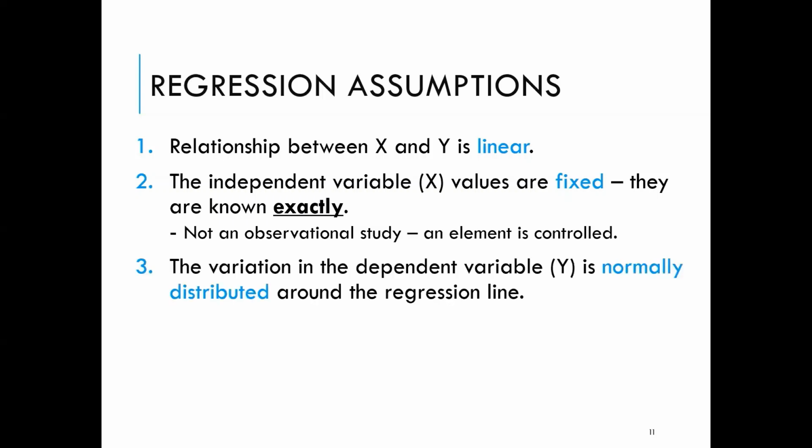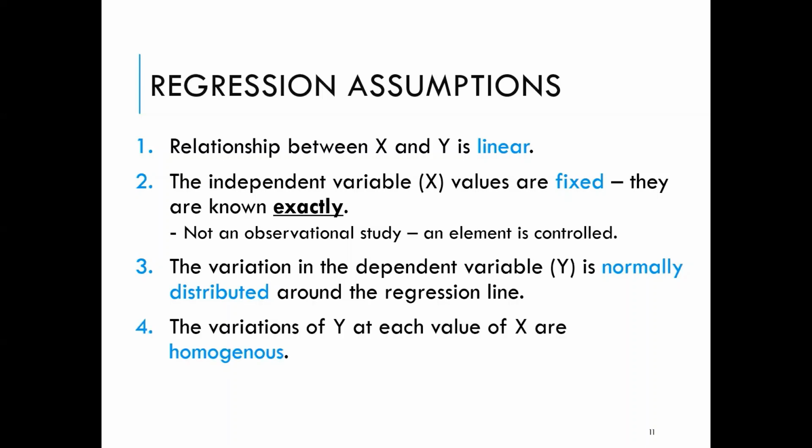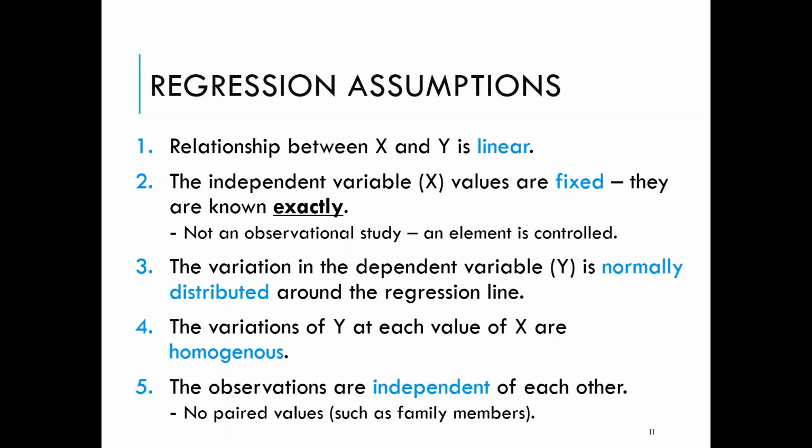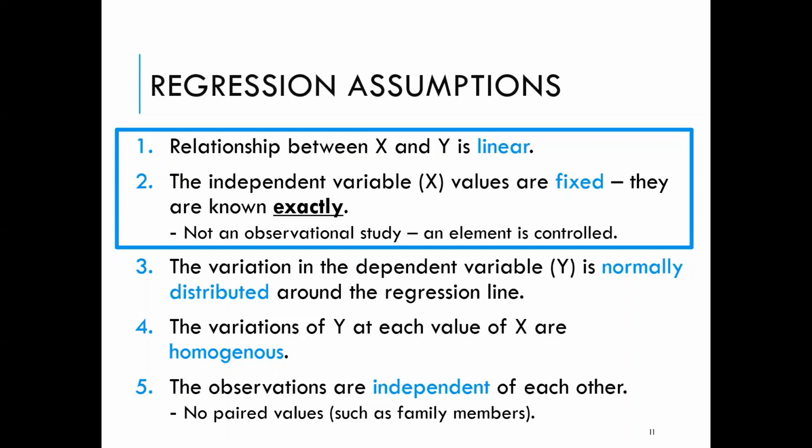The third assumption is that the variation of the dependent variable y is normally distributed around the regression line. Fourth, the variations of y at each value of x are homogeneous. And fifth, the observations are independent of each other. This would mean that there's no paired values within the data. The most important assumptions for the lab portion of this class are the first 2.